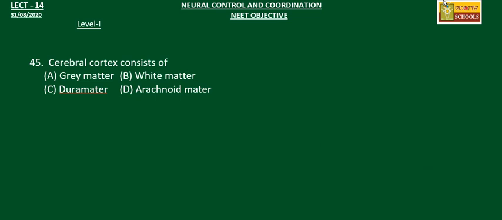So the next question, cerebral cortex consists of. So here the cerebral cortex consists of gray matter and white matter.